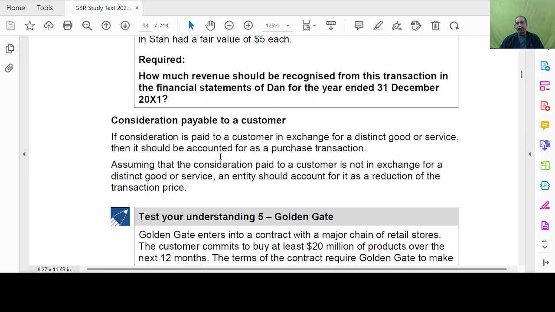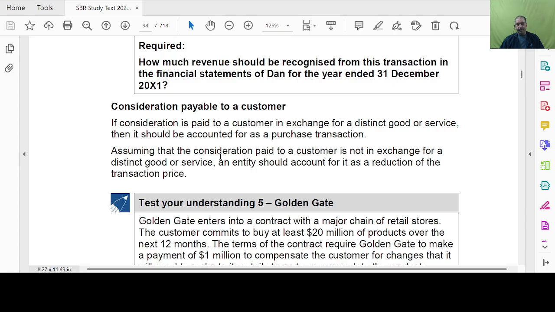Let us say that you are issuing shares to the customer, or for example, a contractor has constructed a building for you. We are a company form of organization. Instead of paying him in cash, you are paying him in the form of shares.